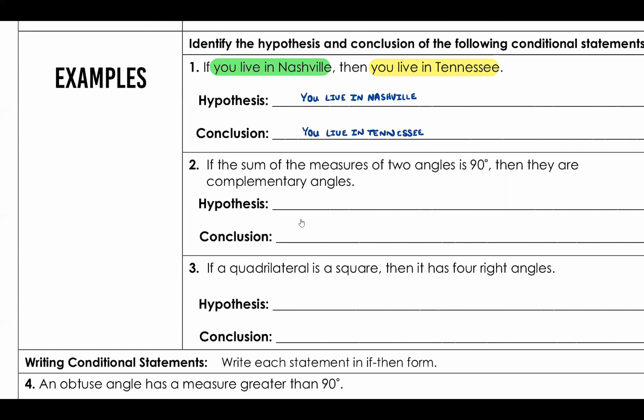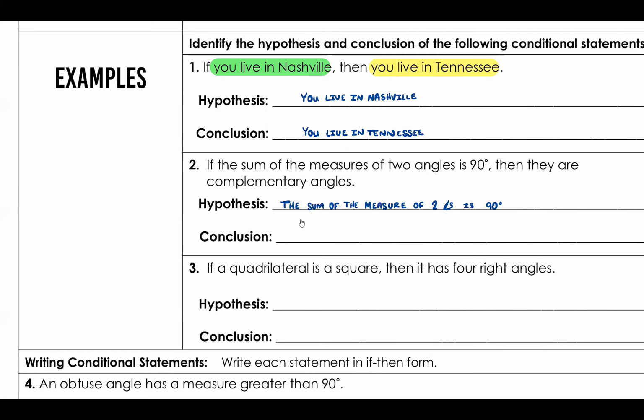The sum of the measure of two angles is 90 degrees.